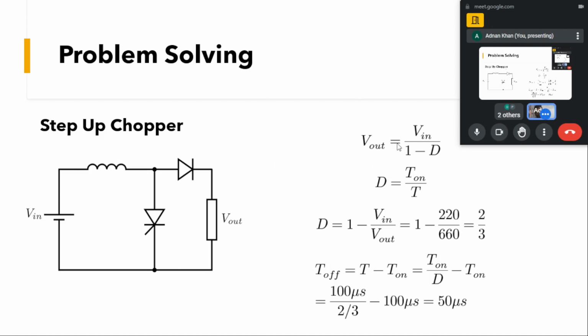So the equation comes out to be V out equals V in divided by 1 minus D. Also, we know that D is the duty ratio: D is T on, the duration for which our device is turned on, divided by the whole time T. That T will be equal to T on plus T off. This is the whole time.